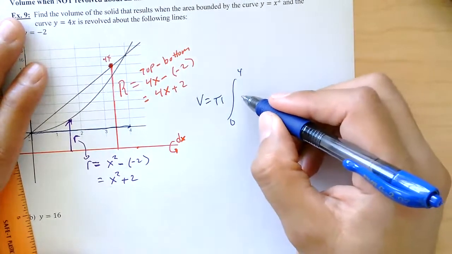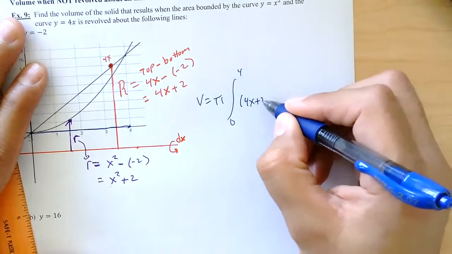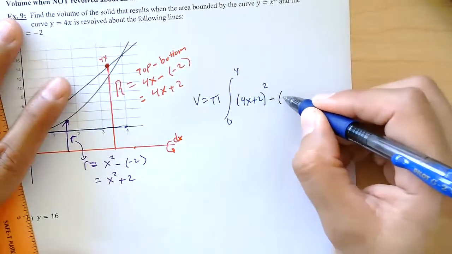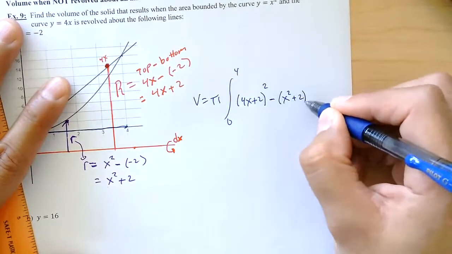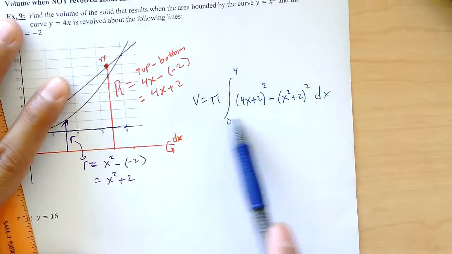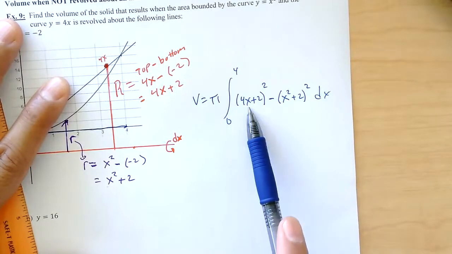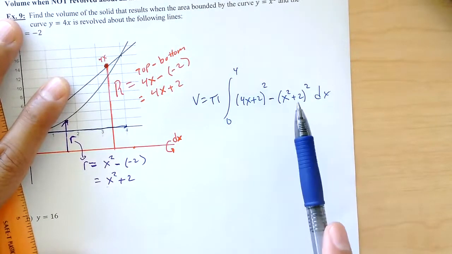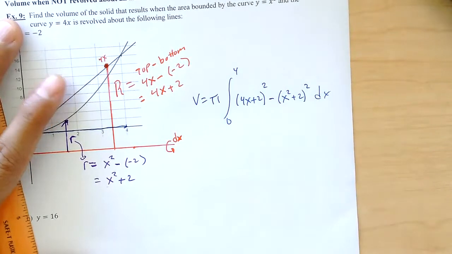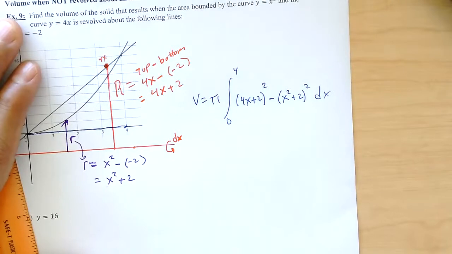The big R squared minus the little r, and square that. So look at the way I set it up. Pi, big R, second power, little r, second power. Make sure you agree. Pause it, verify it.